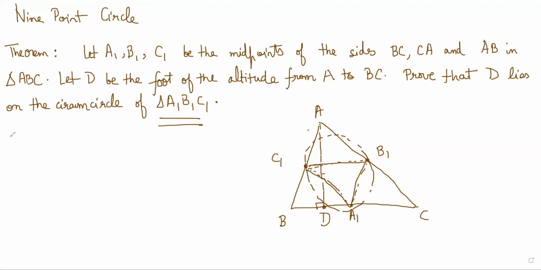Let's think about which quadrilateral. We have to prove which quadrilateral is cyclic: D, C1, B1, A1.